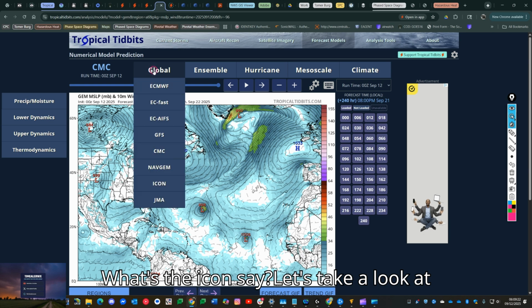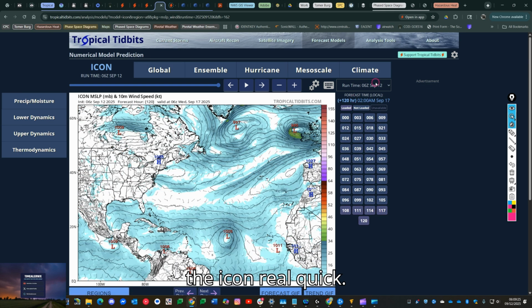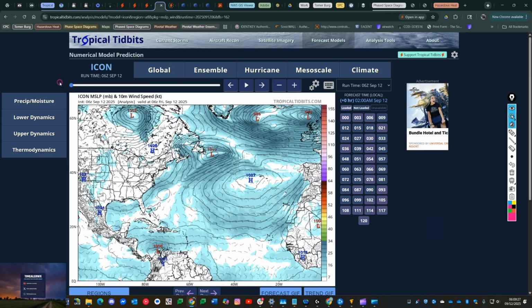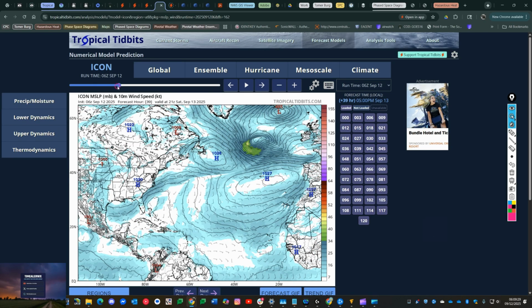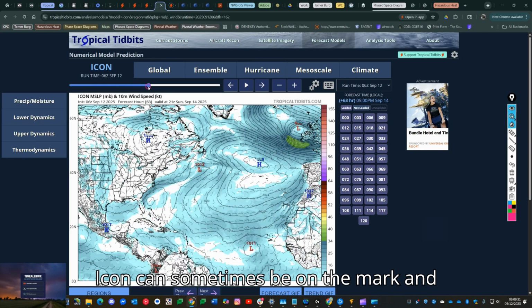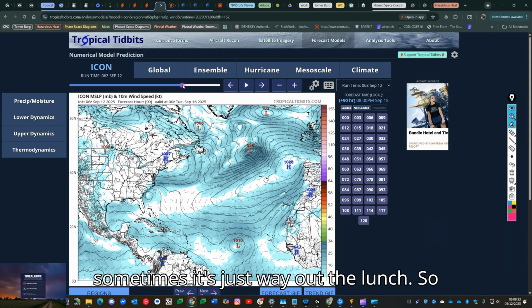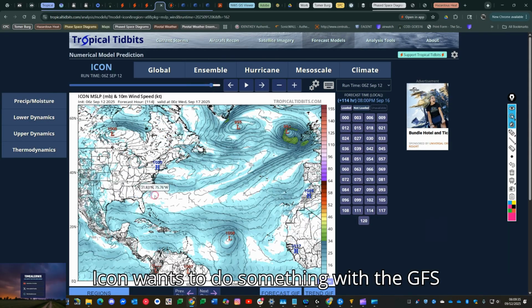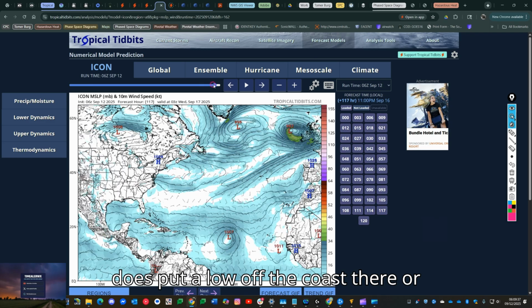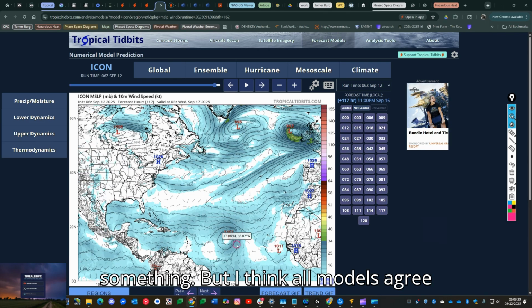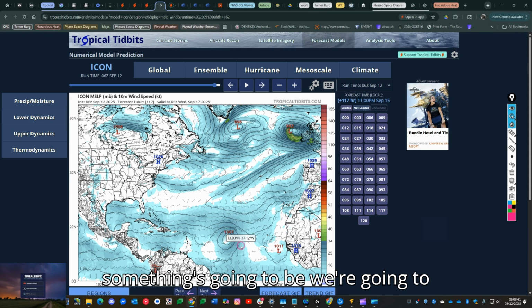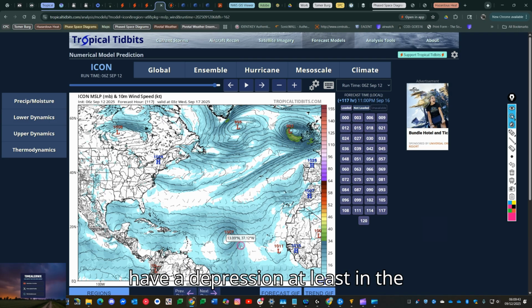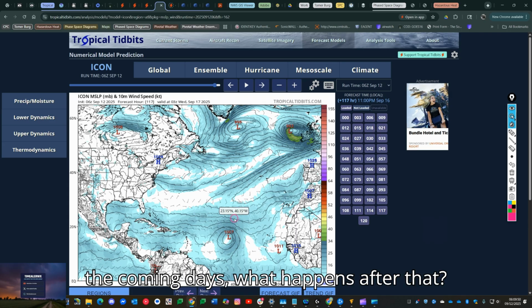What does the ICON say? Let's take a look at the ICON real quick. ICON can sometimes be on the mark and sometimes it's just way out to lunch. So ICON wants to do something like the GFS does, put a low off the coast there. But I think all models agree we're going to have a depression at least in the central MDR region in the coming days.